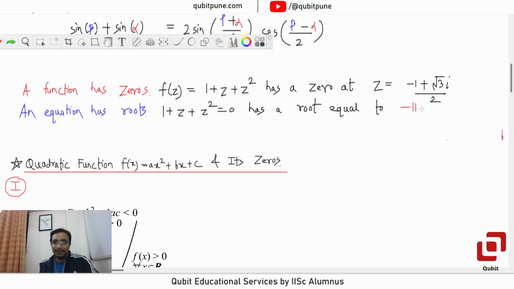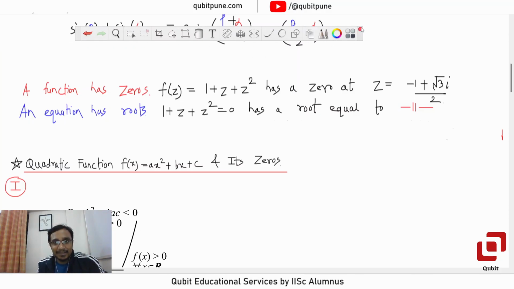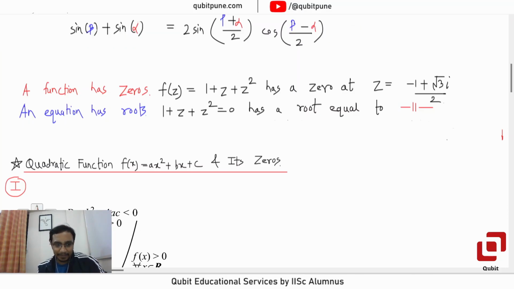I will not tell you that function because it is a function of a complex variable, but I'll just tell you why it is significant. Look, let's say sin x. Sin x is a function, right? All of us agree that sin x is a function.